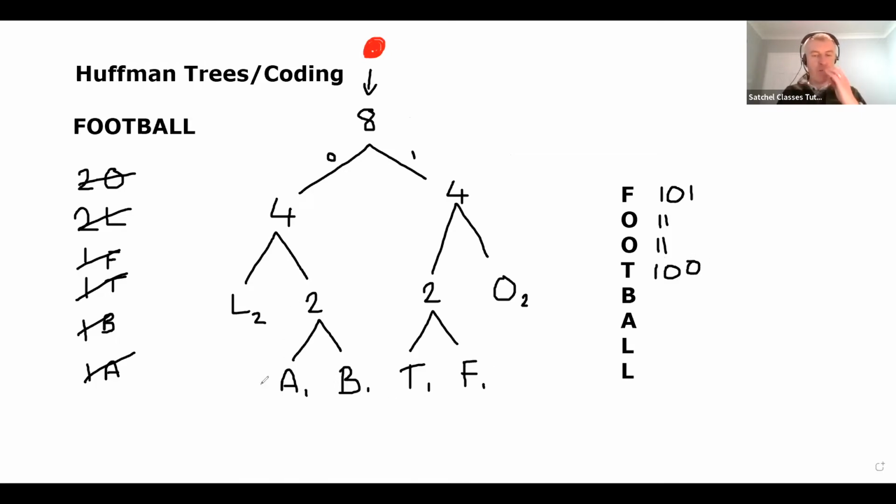And if we do the same for B, we've got a left, right, right, 0, 1, 1. The A is here, so that's going to be left, right, left, 0, 1, 0. And finally, we've got the L here, which is a left, left, which is a 0, 0. There we go.